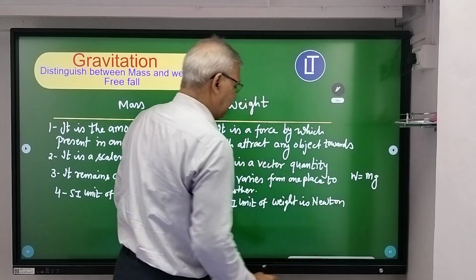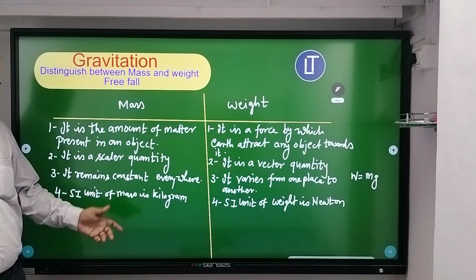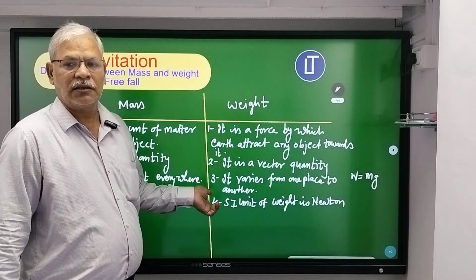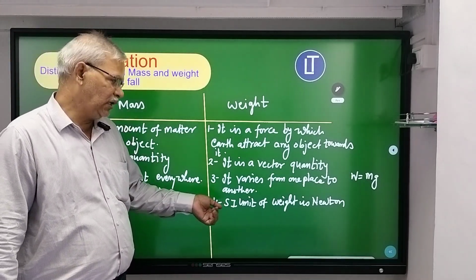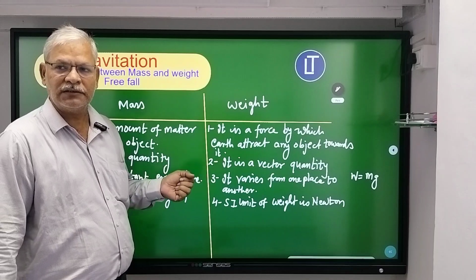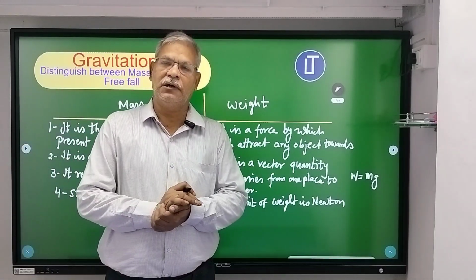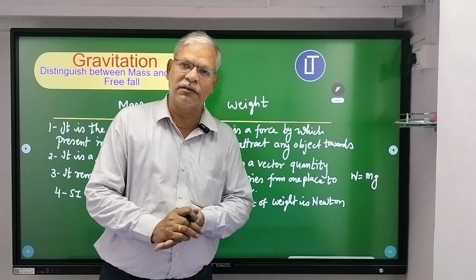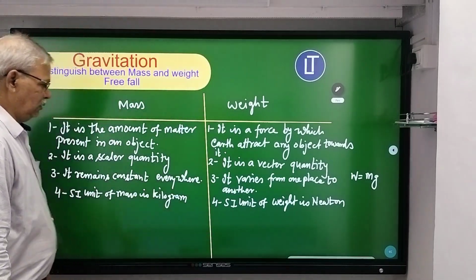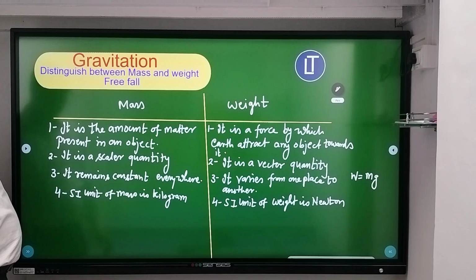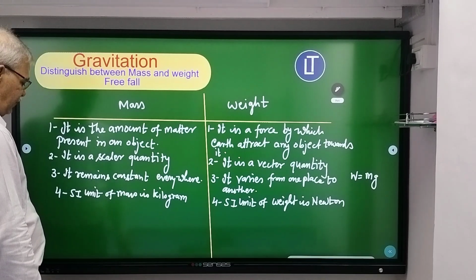Now see here, when we take sugar or something, we get it in kilograms, we do not get it in Newton. It means that we are taking mass, we are not taking weight. Understood? This is the distinction between mass and weight.